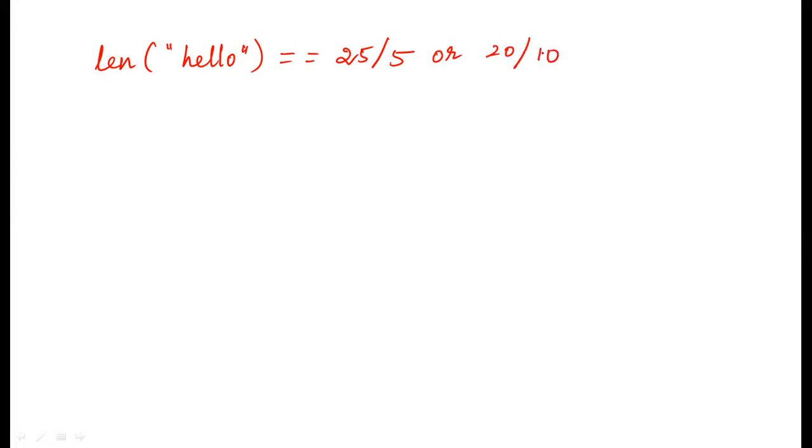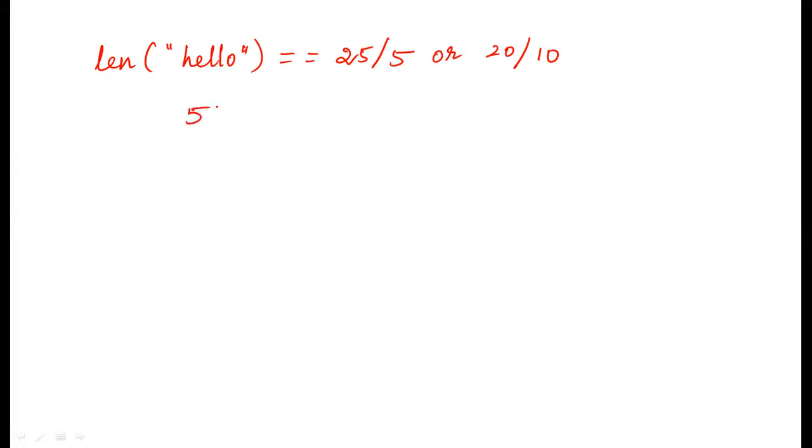Next example: length of 'hello' equivalent to 25 by 5 or 20 by 10. In this case, the brackets should be evaluated, the function will be evaluated. So what is the length of hello? Number of characters you have to count.